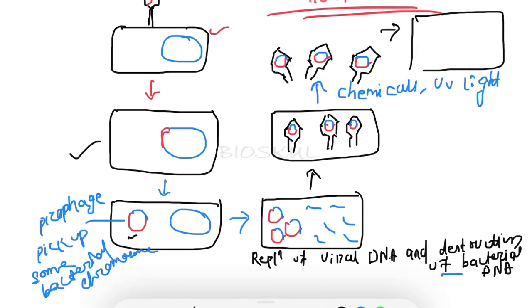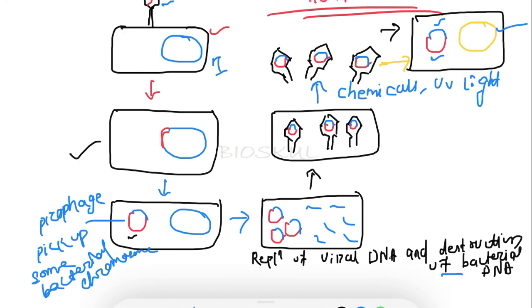When this phage infects another bacteria, let's say the second bacteria, which has a yellow chromosome, this bacteriophage infects this bacteria. So now the second bacteria has its own DNA, and also the DNA of the first bacteria, the blue one, along with some viral DNA.